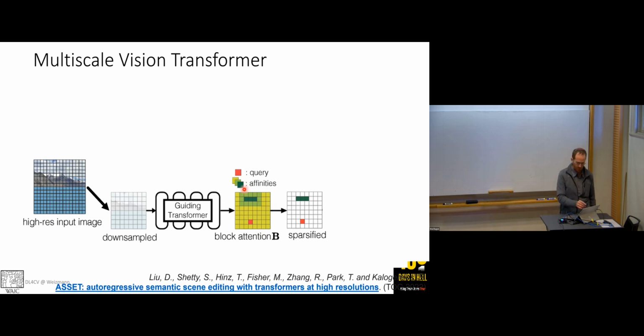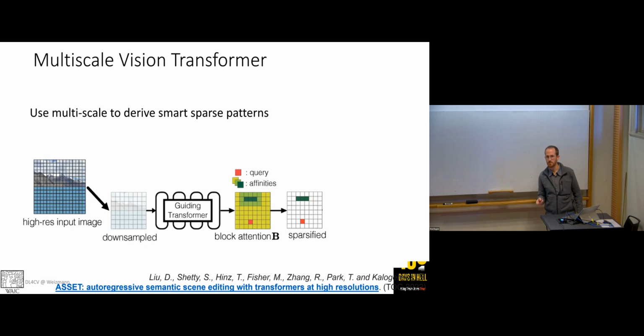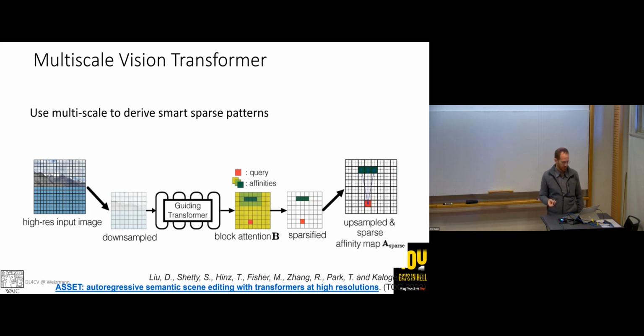Then based on the attention map in the low resolution, we can compute a sparse pattern for the high resolution. Now this would tell us how to attend the high resolution input image. We saw one way of reducing complexity by fixed sparse patterns; here we can change the sparse pattern based on the attention at a low resolution of the image.